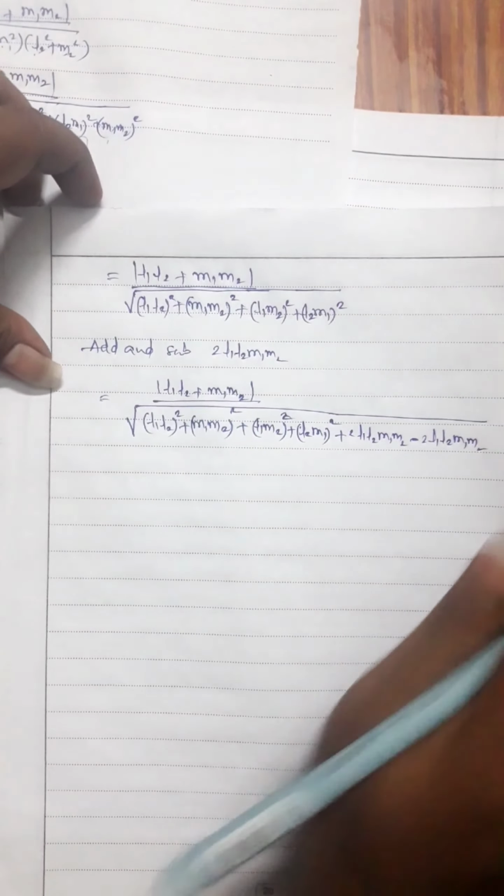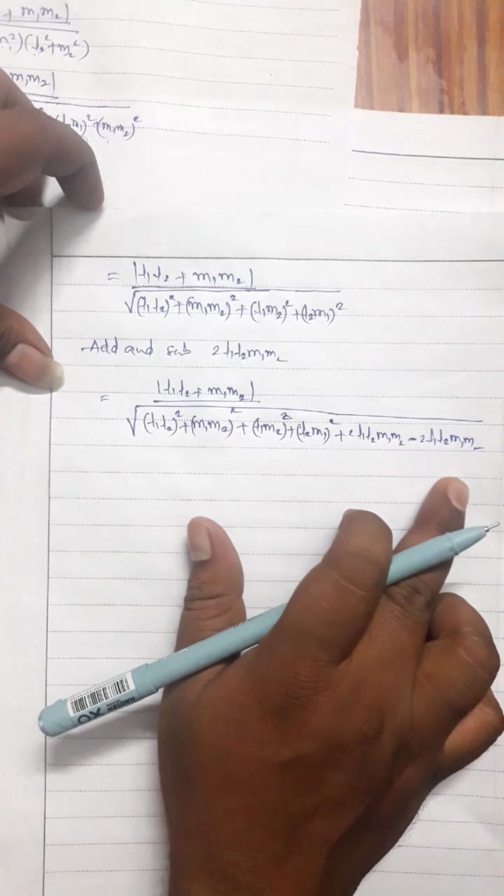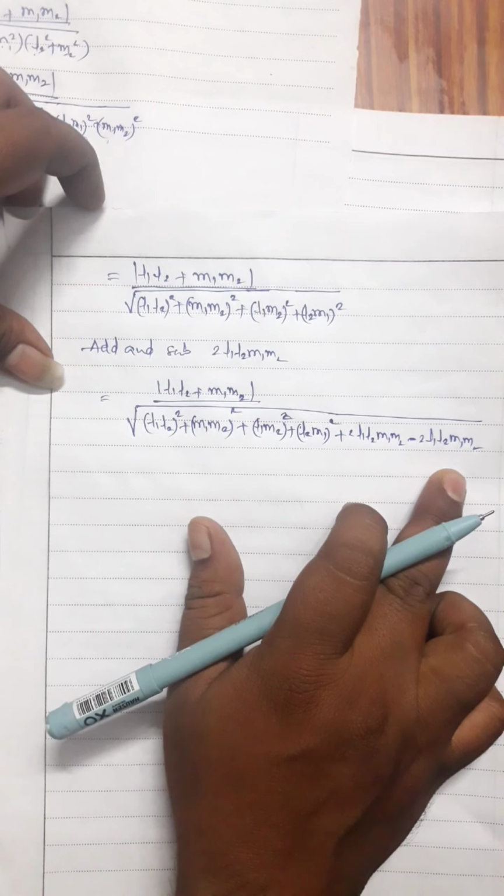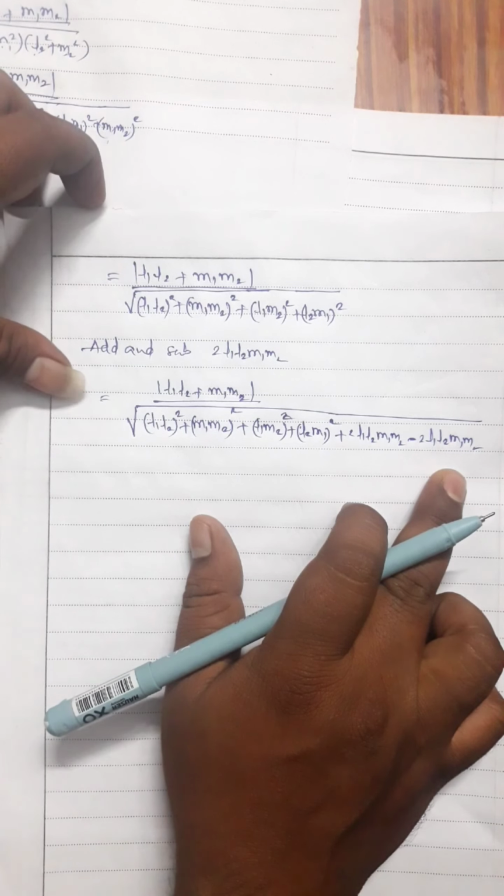So in that way we have to add and subtract 2L1 L2 M1 M2 in the root.